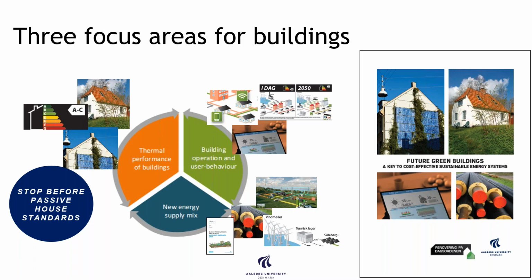And we see that this kind of solution is more flexible and more cost effective than, for example, individual heat pumps or micro CHP or biomass boilers. We also have a third element, which is the building operation and user behavior. And of course, if we have a building that has a good thermal performance, we also need to have good building operation and user behavior.